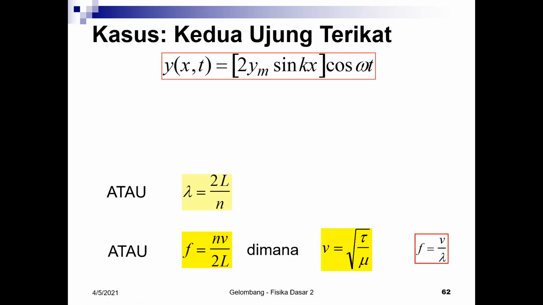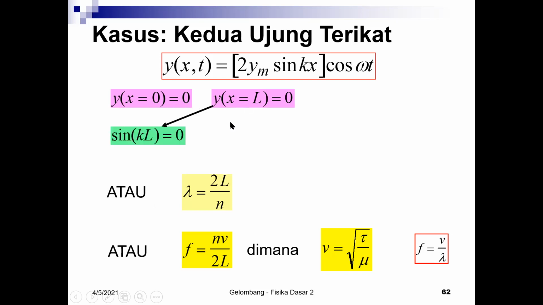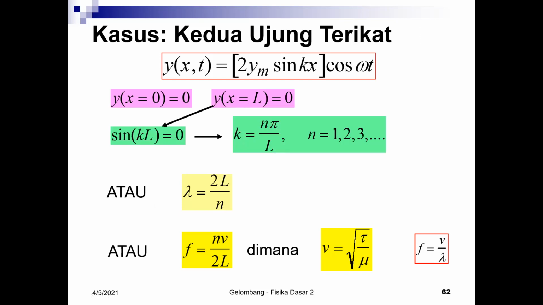So this is, for example, for a fixed end, ujung terikat, ujung tetap. This is the boundary condition. At the left end, y at x equal 0 is 0, and at x equal L is also 0. So sin kL equals 0, it means that kL is equal to n pi.